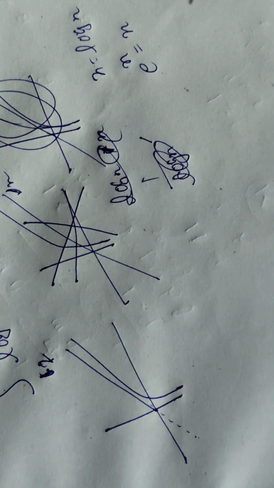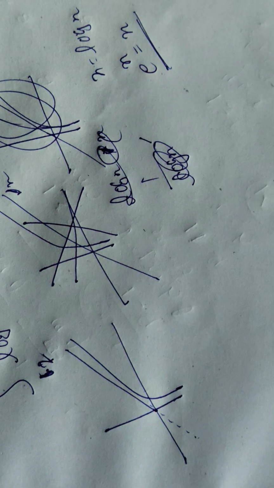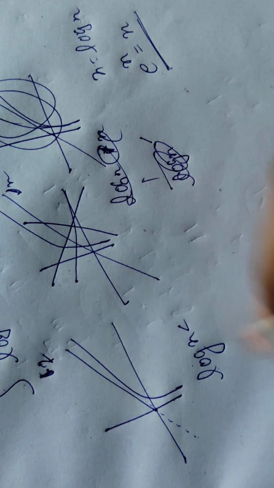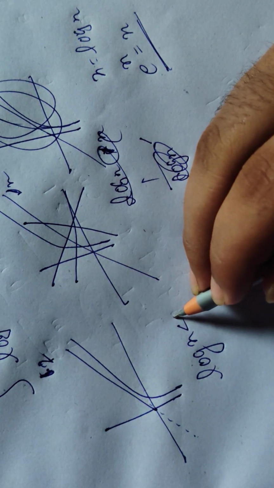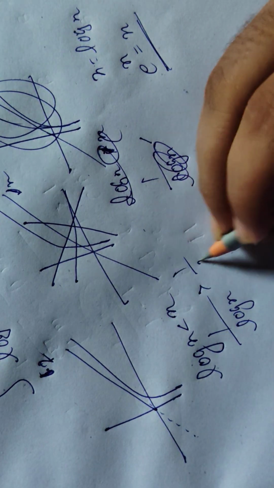Well, so they will not intersect each other. Now as you can see, log x is less than x, so 1 by log x is greater than 1 by x.